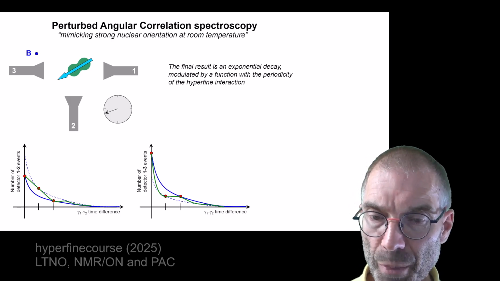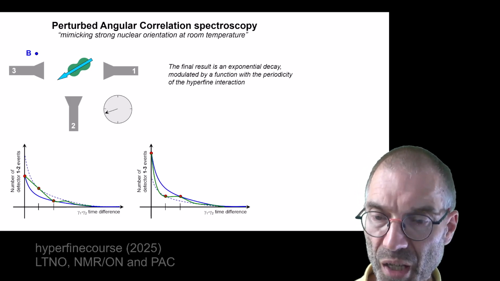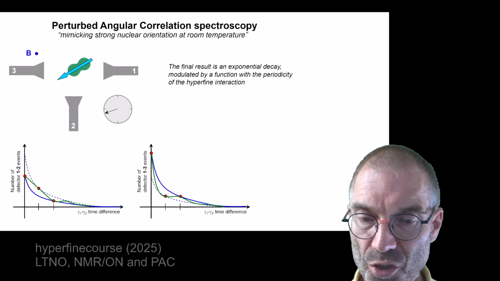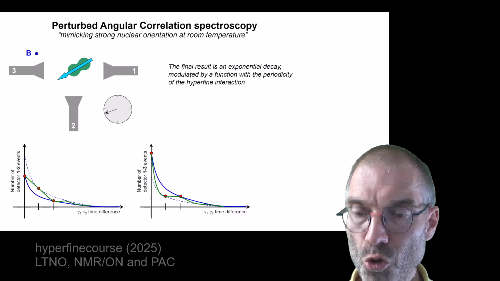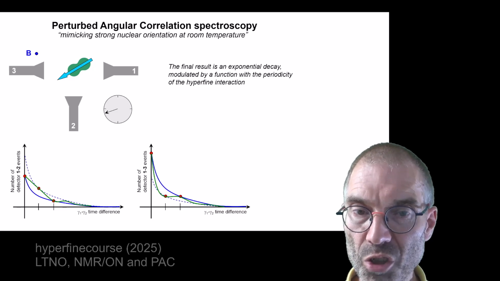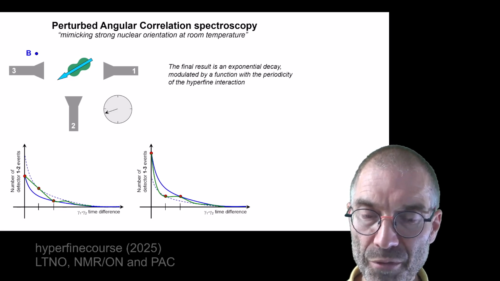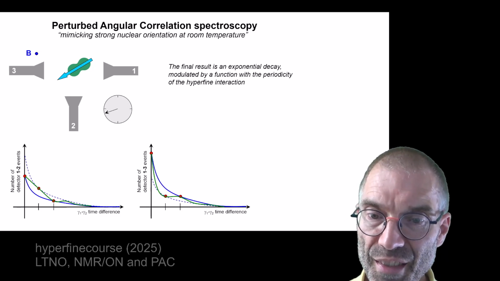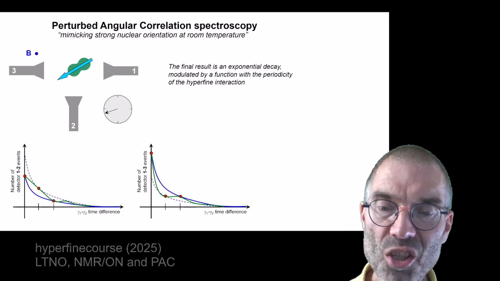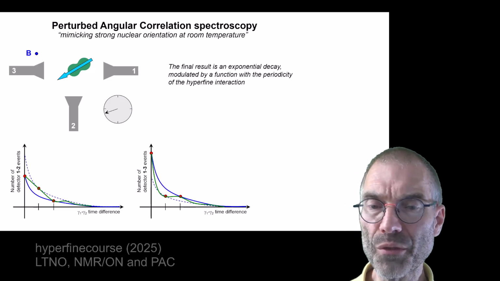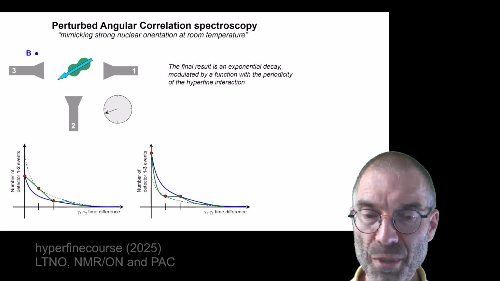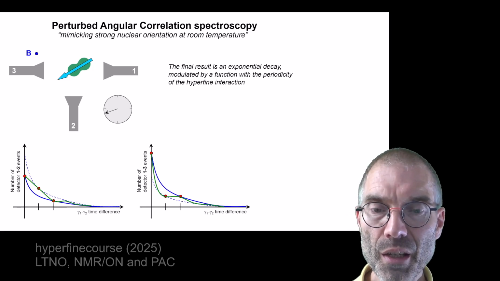Well, this was the picture that summarized what I said before and what was also discussed in the video. It's this oscillating pattern superimposed on that exponential decay that leads to the hyperfine interaction. And you may have noticed that this explanation is a very classical one. So I use precessing nuclear spins in an applied field.